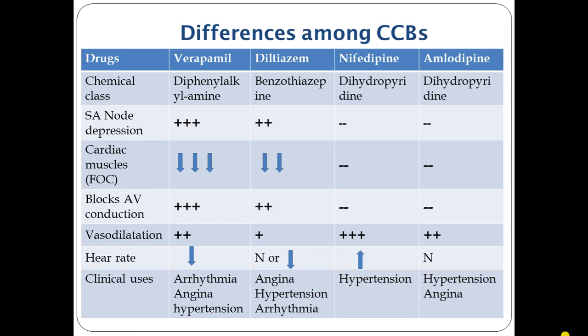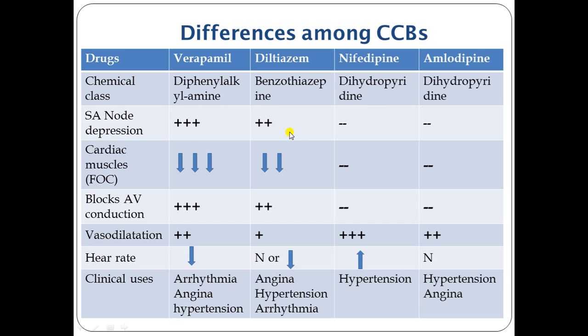Now we compare different calcium channel blockers available in market. Chemically, we have three classes: diphenylalkylamine, that is verapamil; benzothiazepine, that is diltiazem; and dihydropyridine, that is nifedipine; and second generation dihydropyridine, that is amlodipine. SA node depression, that is the cardiac action, is highest with verapamil.